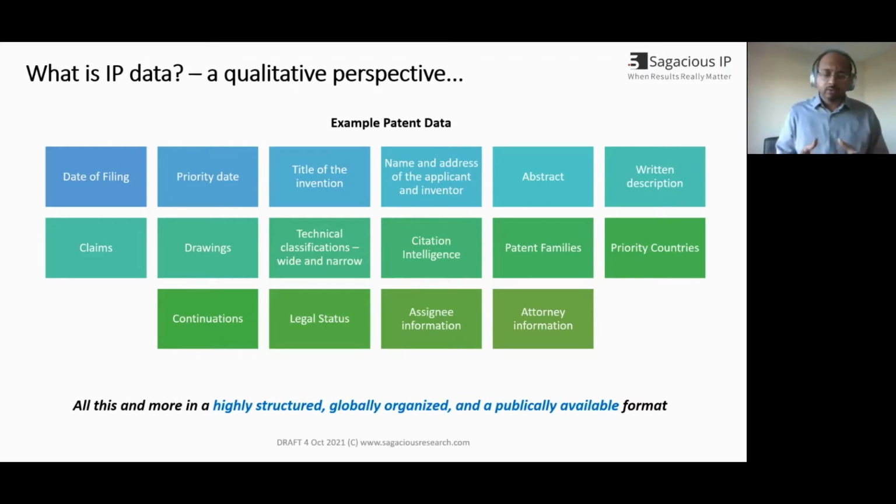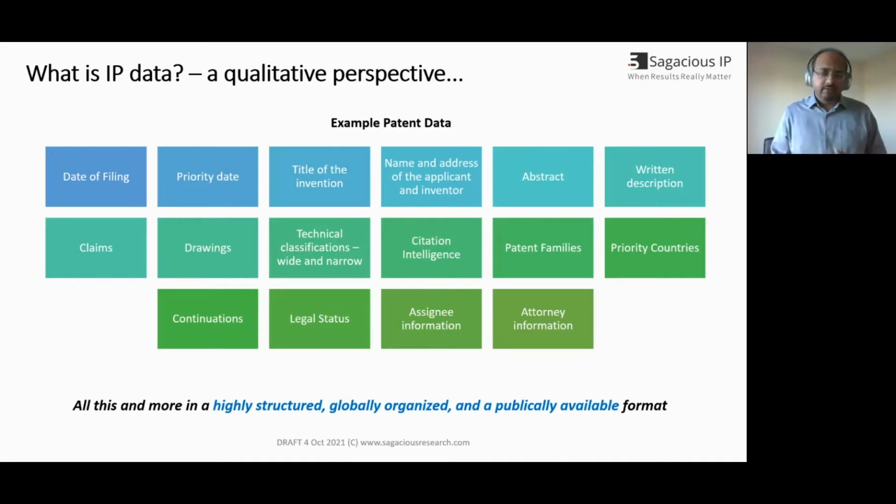You have the rights that they claim to make on the new innovations. You have information about who owns or filed it. And not just descriptive information, you also have drawings and illustrations explaining how it really works.